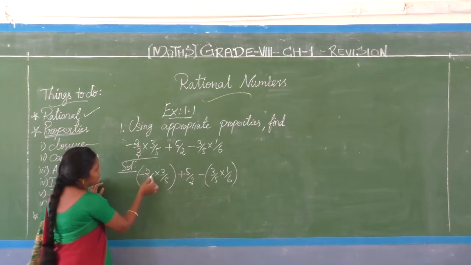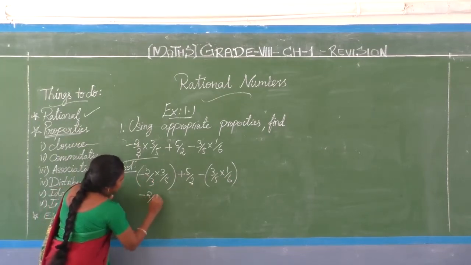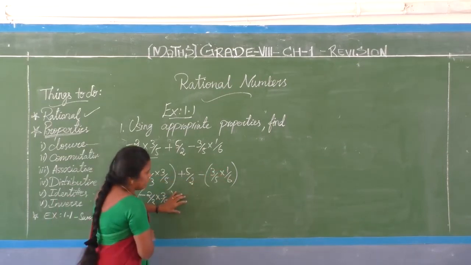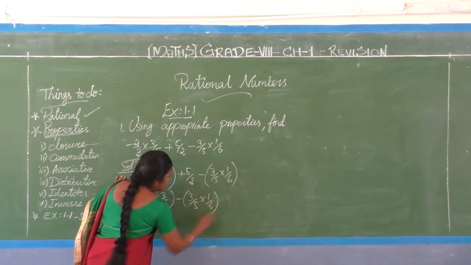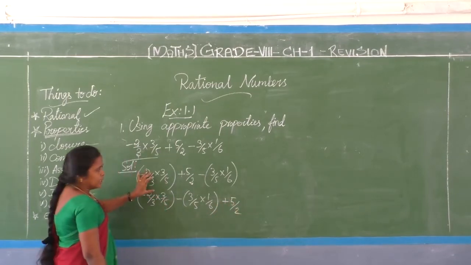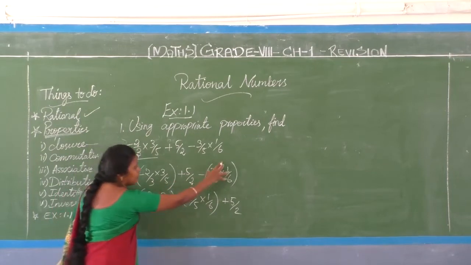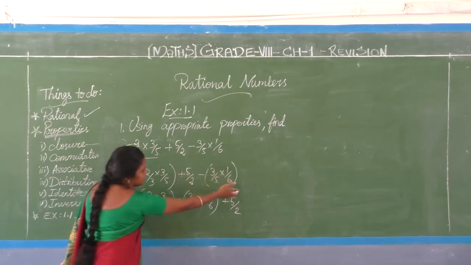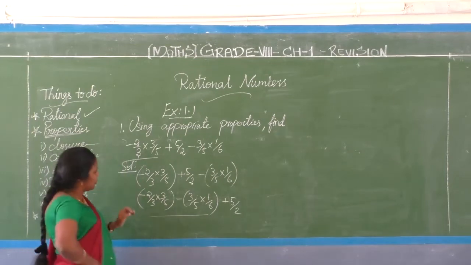Now again we can rearrange: minus 2 by 3 into 3 by 5, the third part I am bringing here, minus 3 by 5 into 1 by 6, plus 5 by 2. First I have grouped it: first group, second group, third group. Then I am bringing the third group into second place, and the second I have taken to third place. Clear? Now if you notice the first and second group, what do you observe?